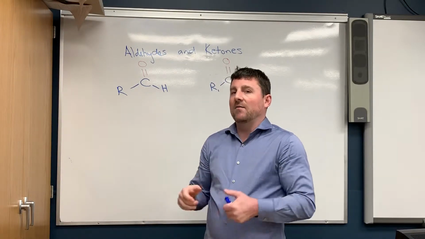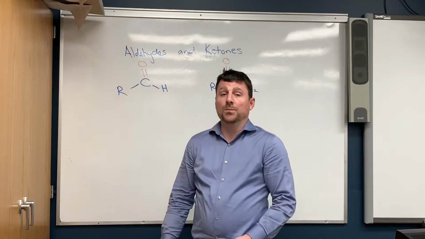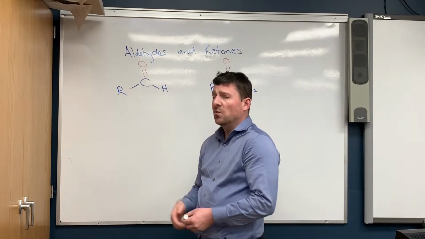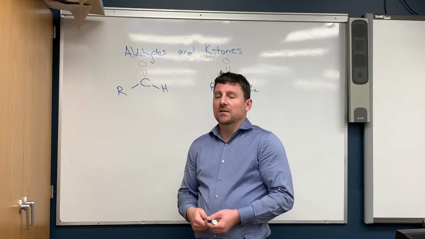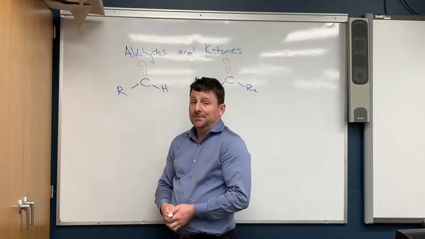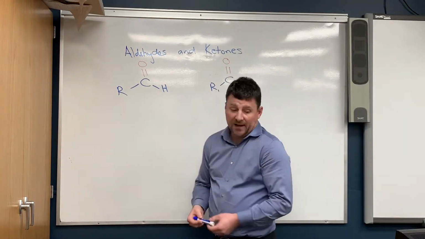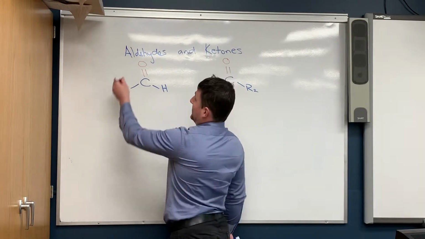Well, we really have all of the skills now that we need in order to name both of these. Really all we have to do is look at what is the suffix that goes on the end of the name to signify that it's an aldehyde versus a ketone. And that suffix is very often in the name itself.